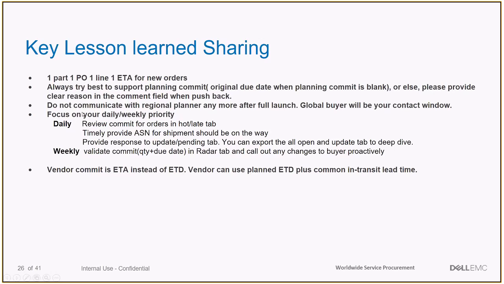And in the future, actually, it's a barrier. Your contact window is the buyer, because the planner just provides your request and forecast, but the daily operation, I mean the commit date, the shipping, the receiving, the invoice, you need to deal with the buyer, not the planner. And for daily hot late, that means abnormal POs, right?